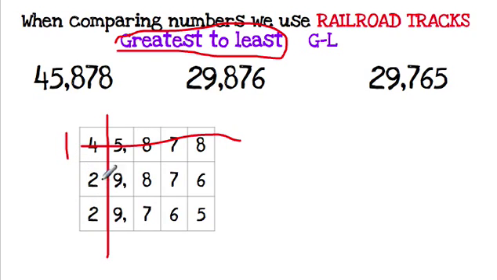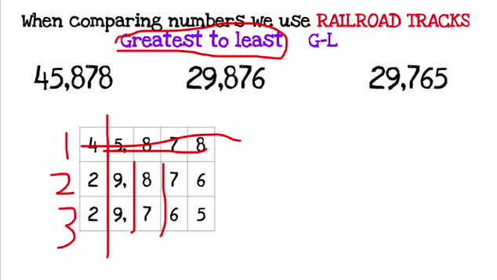Then I go back to the beginning and I say 2 and 2, they're the same. Draw my railroad tracks. 9 and 9, I can't compare. Draw my railroad tracks. Again, I don't go all the way up because I'm done with this number. And at 8 and 7, I have to remember I'm looking for the greatest, the biggest number, 8 or 7. 8 is bigger, so 2, and then 3.